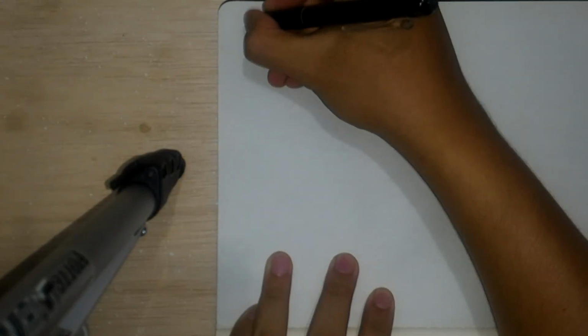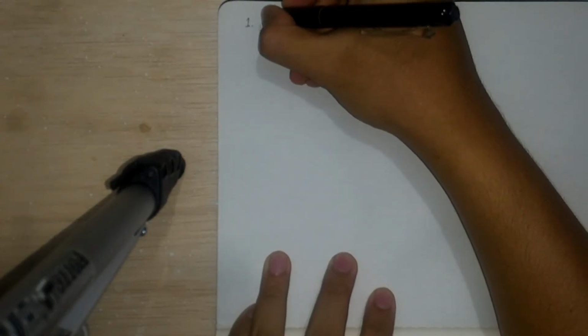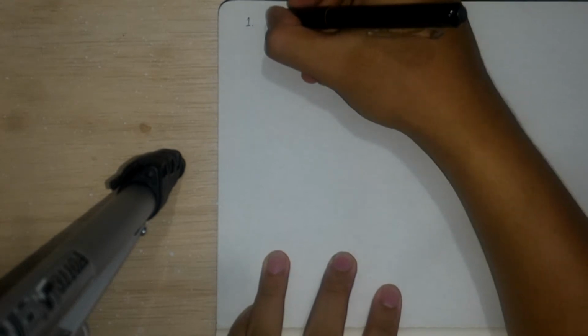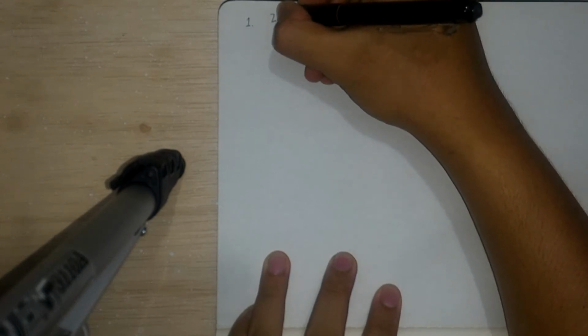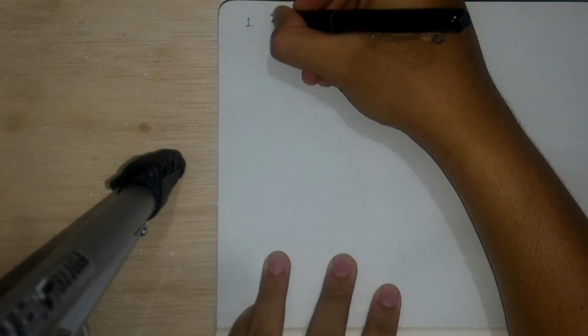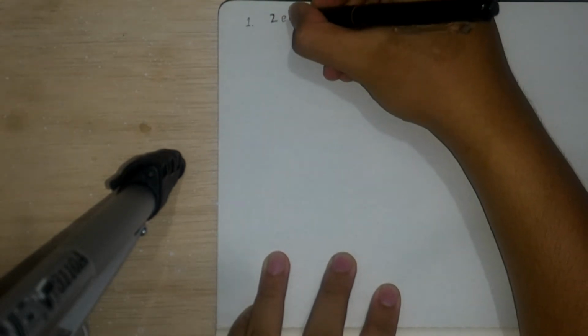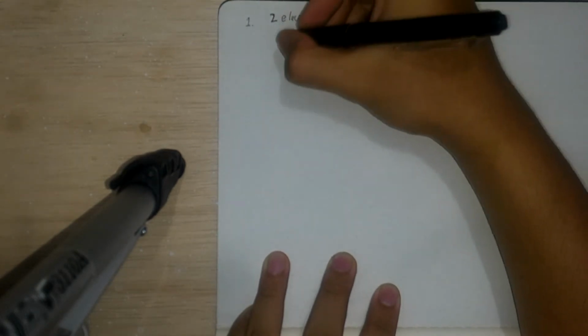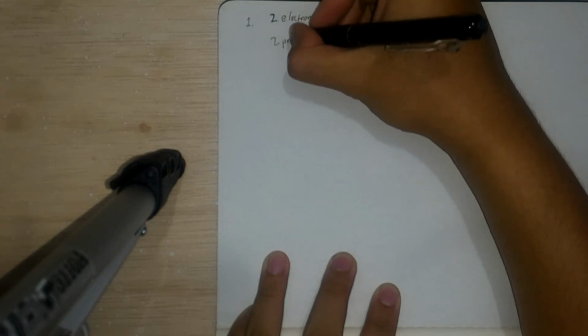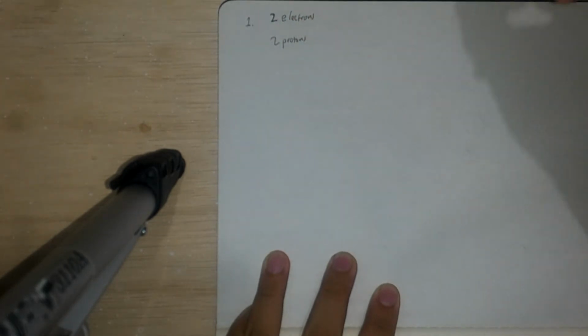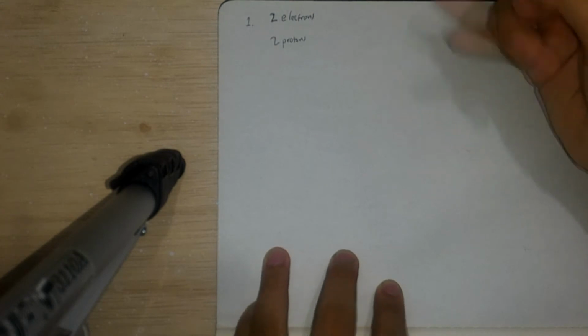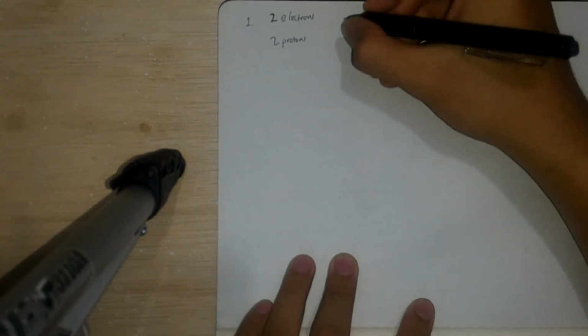Problem number one, let's say that I have an object with two electrons and two protons, and I want to calculate the total charge of the object.